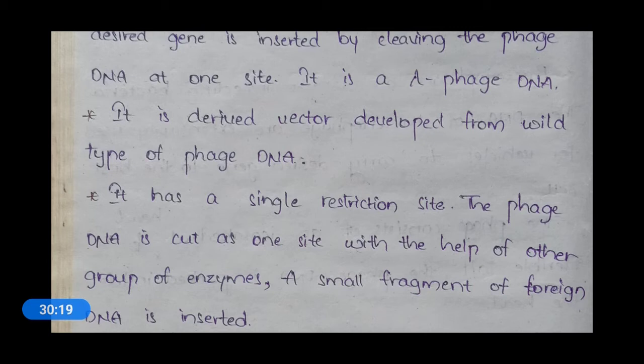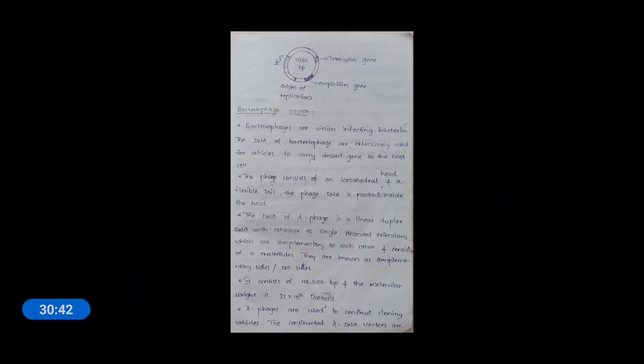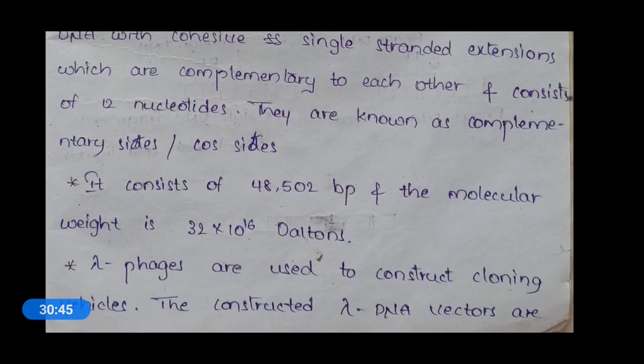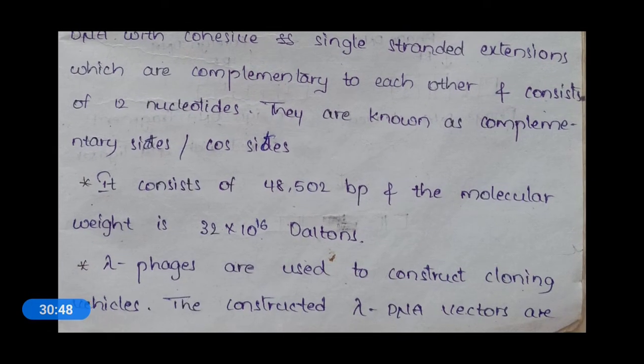And these lambda phages are used for constructing cloning vehicles. Okay, so these lambda phages are used for constructing cloning vehicles, and the constructed lambda DNA vectors are of two types, like insertion vector and replacement vector.